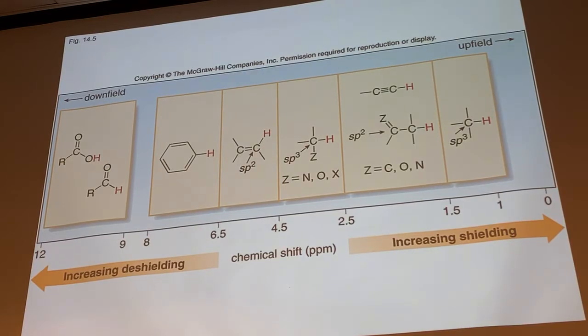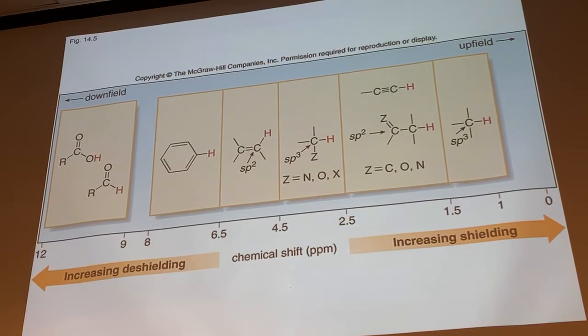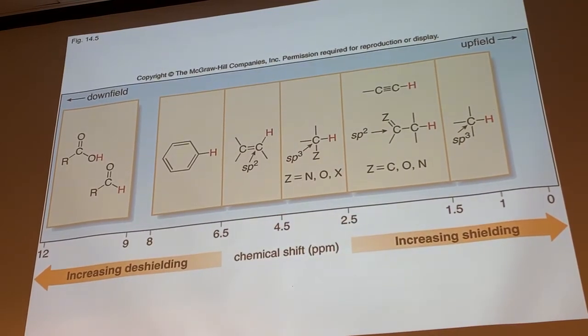And that is understood by considering the impact of the sigma electrons and lone pairs, the impact of electronegative heteroatoms or allylic sp2 carbons, like here, and then finally the impact of pi electrons. We learned that the pi electrons in a benzene ring and an alkene will de-shield the hydrogens attached to those sp2 carbons.